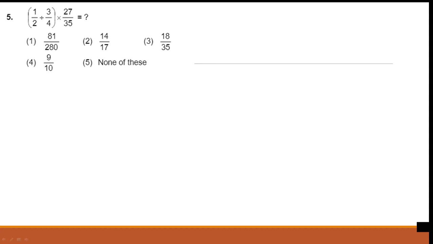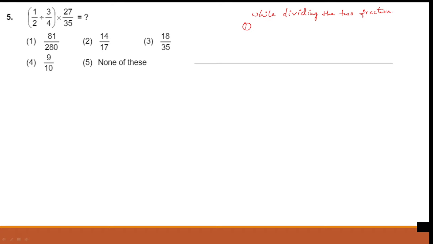1 by 2 divided by 3 by 4. We know while dividing two fractions, the second fraction, the denominator fraction, will become reciprocal, and the division operation will become multiplication. These are all in fifth standard.